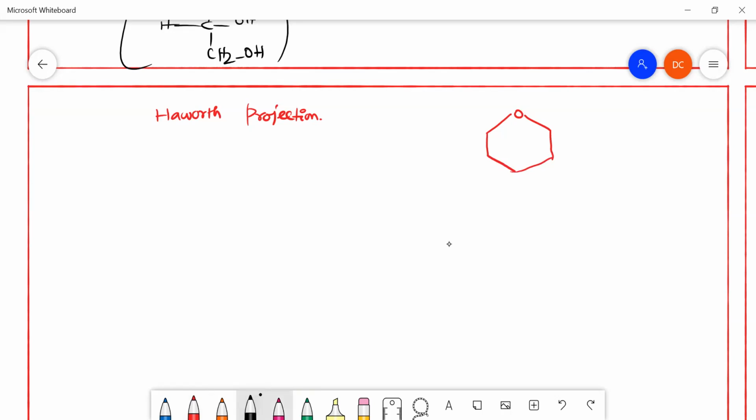Remaining all are carbon. This is what we have to write. This is called the pyranose structure. It's from pyran. The pyran will consist of double bonds also, but just for understanding, it is enough. So pyranose structure means a 6-membered ring which consists of oxygen. That is called the pyranose structure.